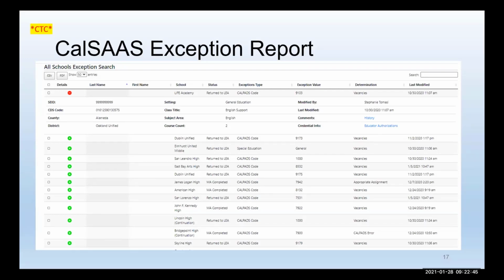This can either be predetermined based on what is reported in CalPADS, or it can be selected by the LEA and the monitoring authority user in CalSAAS during the monitoring process. The setting listed here refers to the type of setting that the assignment was reported in, and the class title and subject area are generated based on the CalPADS code name and general subject area.